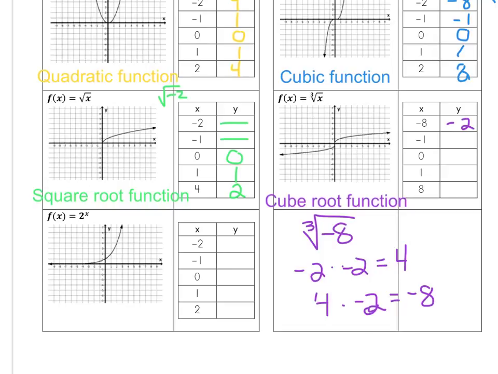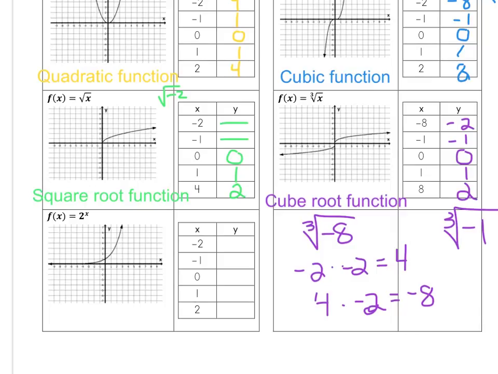But if we take the cube root of negative 1, well, negative 1 times another negative 1 is actually negative 1. So the cube root of negative 1 is actually itself. The same thing with 0, the same thing with 1. But if we take the cube root of 8, and if you look at this table of values, you will see that the cube root of 8 is 2, because 2 times 2 times 2 is 8, not 6.